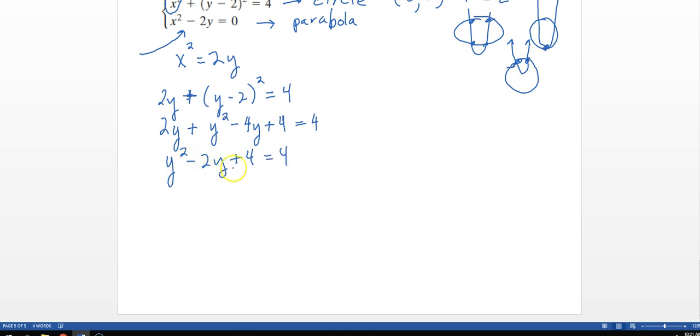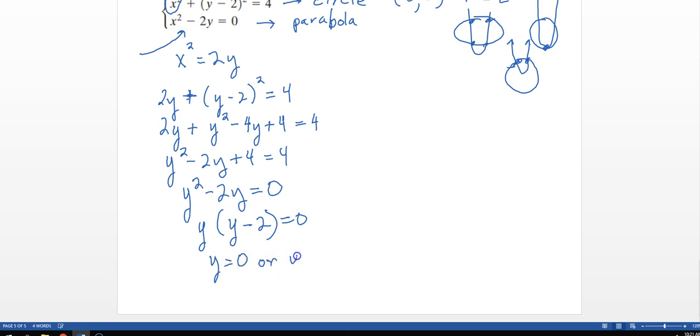And since this is a quadratic, set it equal to 0. So y squared minus 2y equals 0. And this will factor, factor out the y, and that leaves us with y minus 2. Therefore, y is equal to 0, or y is equal to 2.